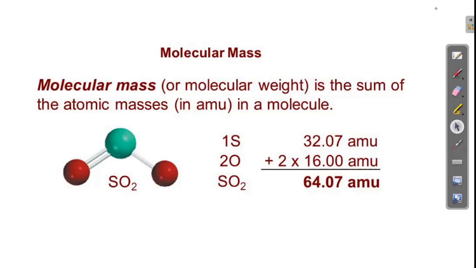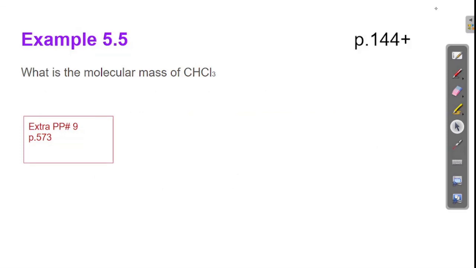Now, that's only for one of them, and this molecule had 2. That's why you had to multiply by 2. If you put this in your calculator, you'll find that the mass for this molecule is 64.07 atomic mass units. So that's the kind of problem you're going to need to be able to do.